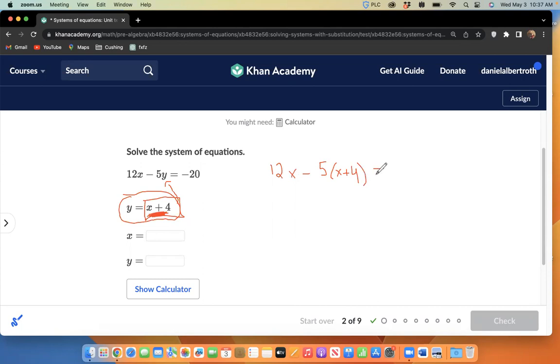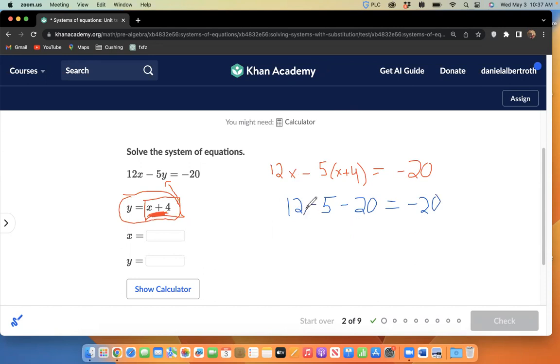This is going to allow me to solve, because now you'll see I have only x, so I can actually solve for x. So let's do that. So I have 12x minus 5 times x plus 4. I'm going to distribute the negative 5. Minus 5x minus 20 equals negative 20. Let's add 20 to both sides.